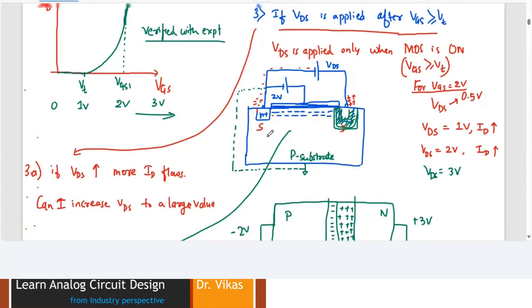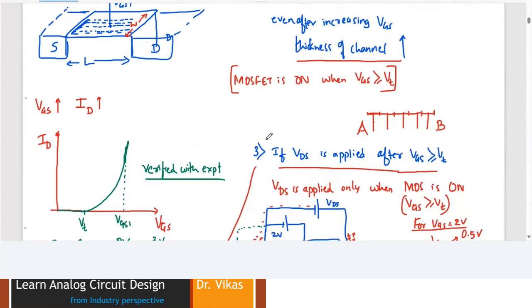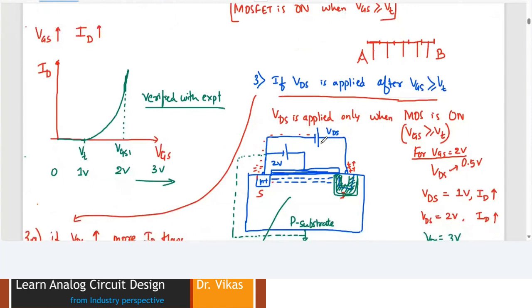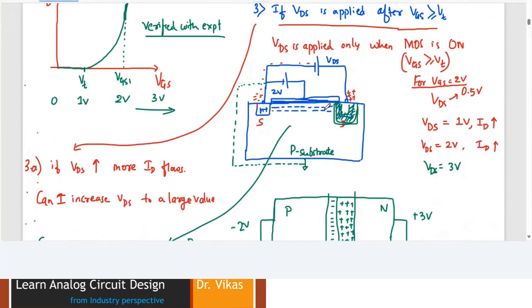To summarize, a MOSFET is said to be on when VGS is greater than VT. If I keep on increasing VGS further, there is no impact. The current is going to remain as it is, and the graph would look something like this. If I apply VDS, once my VGS has been applied, and try to increase this VDS, the current starts to increase. But that current increase will not be forever.